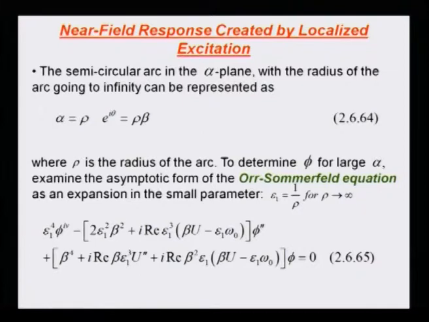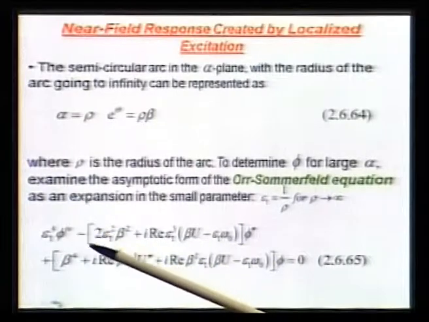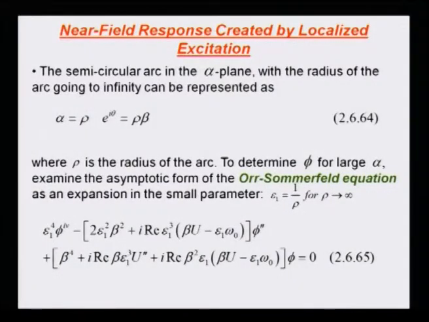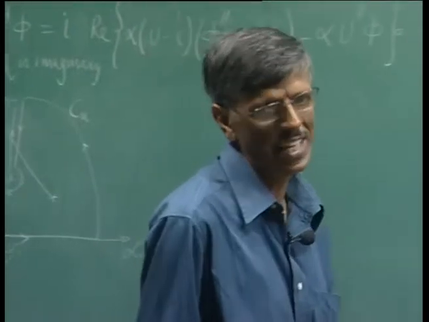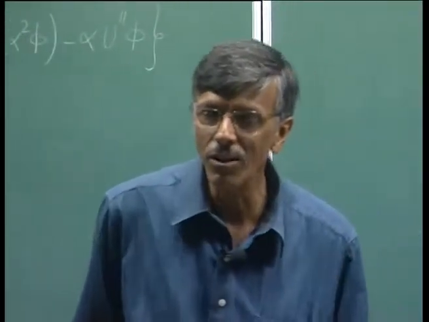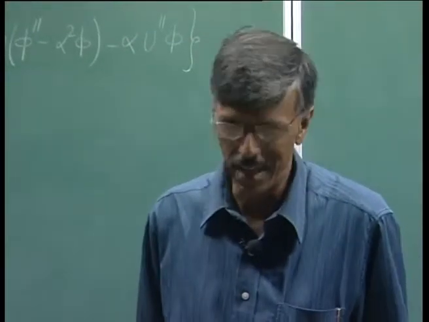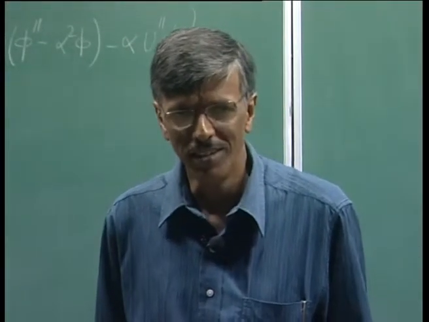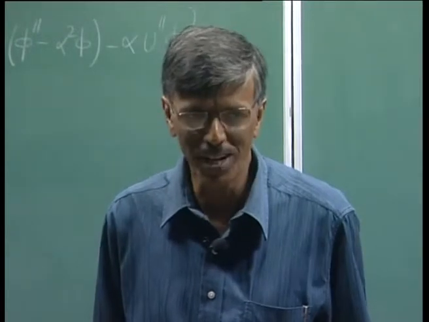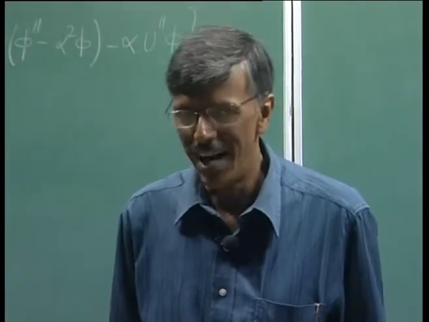However, when we write this equation down, equation 65, we are troubled by one aspect: the highest derivative term is phi 4 and this is multiplied by the small parameter. So what do we get? We get a singular perturbation problem. Perturbation theory, as the subject was developed following Prandtl's work on boundary layer theory, has two branches.